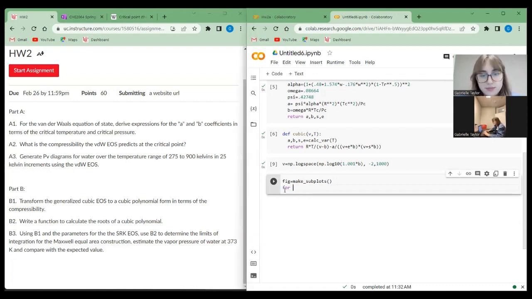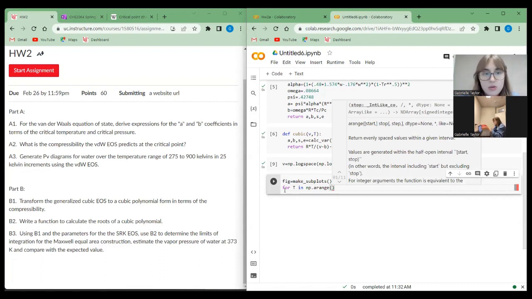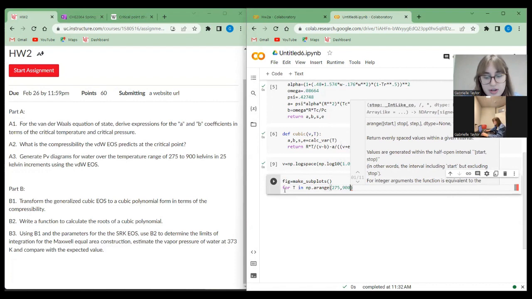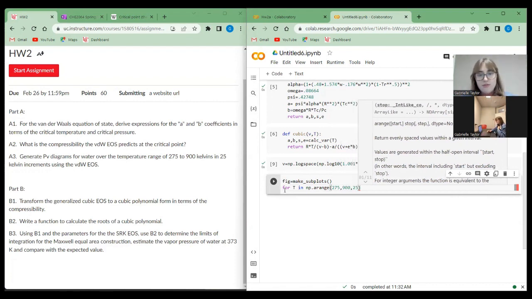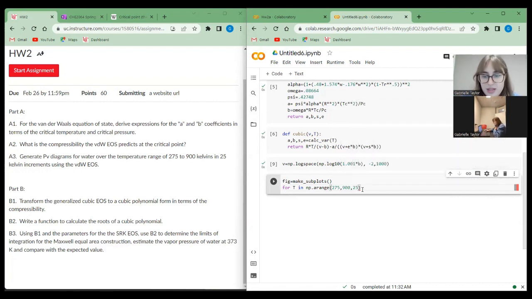For T in the temperatures, we do an MP arange: start at 275, stop at 900, and the increments are 25.